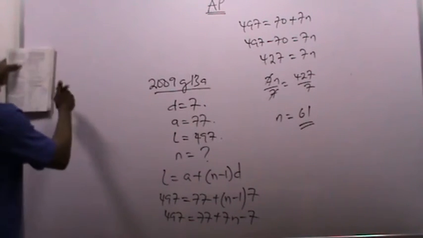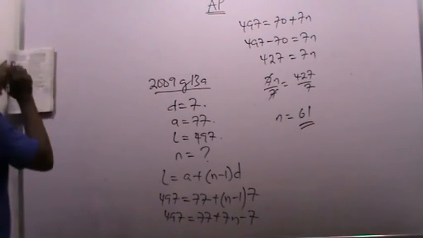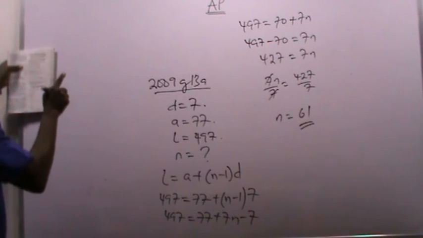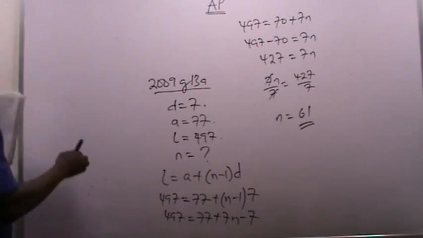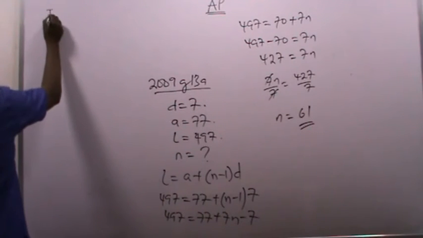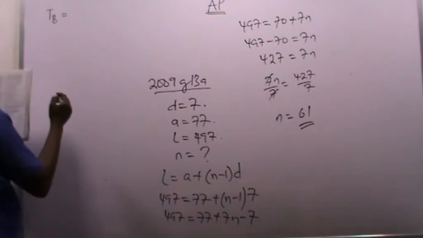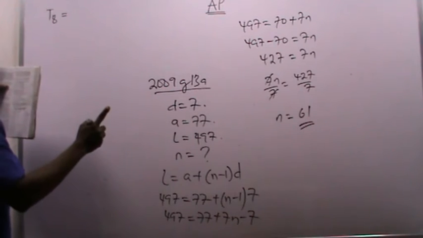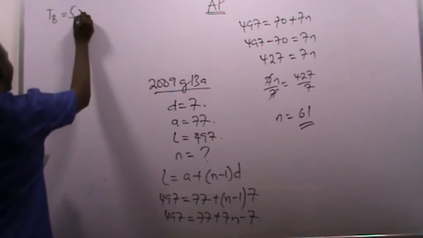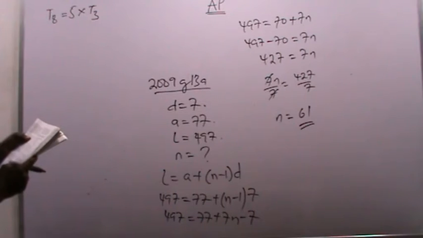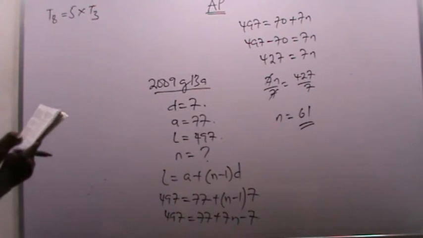The question says, the 8th term, T8, of an arithmetic progression is 5 times the 3rd term, 5 times T3. That's what the question says.